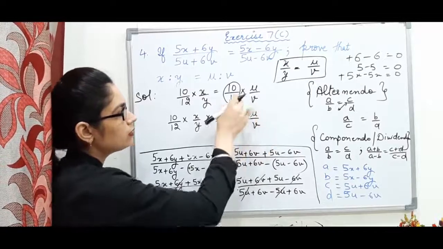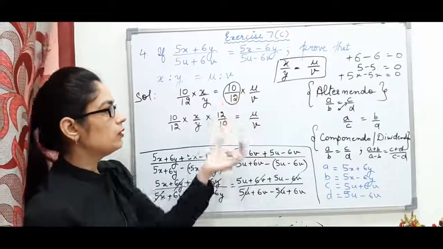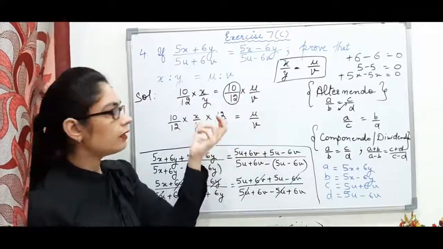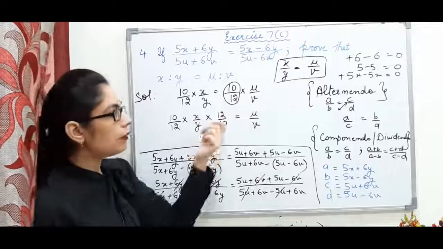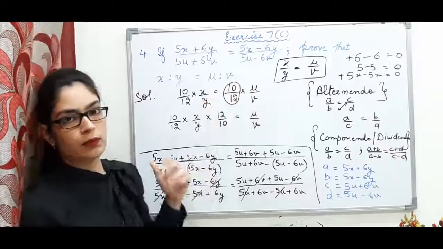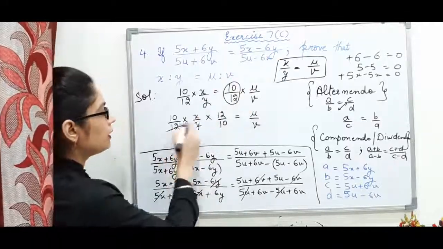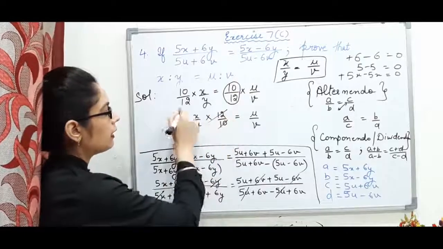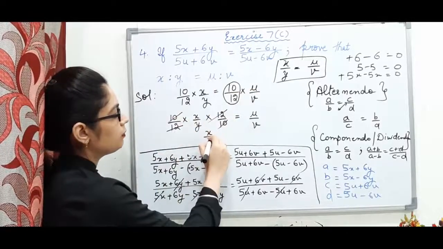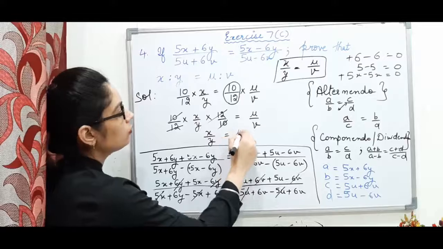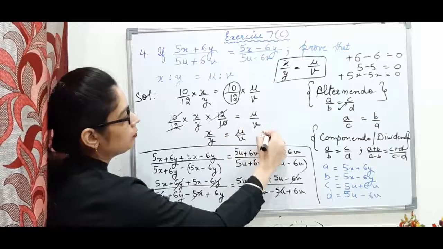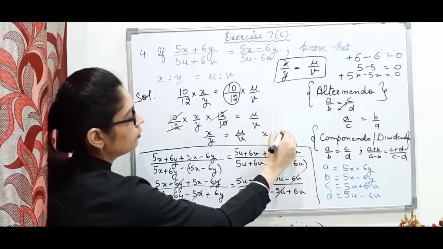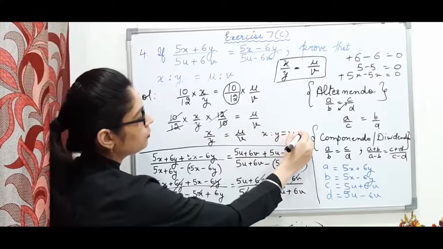See, this fraction is in the form of multiplication, so on this side also if I shift it, it will be in the form of multiplication only, but we have to take its reciprocal. So this way we can do. Now 12 will get cancelled with 12, 10 with 10, so I am left with x by y equals u by v. This means x is to y equals u is to v.